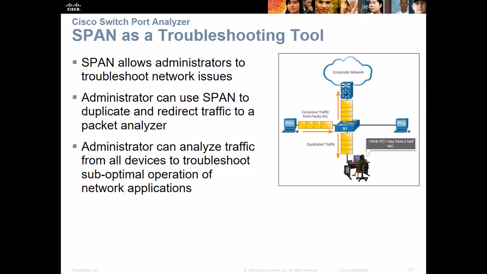All right, you can use SPAN as a troubleshooting tool. It allows the administrator to troubleshoot a network by doing all the analysis, using either a sniffer or an IDS to really look for patterns in an attack.